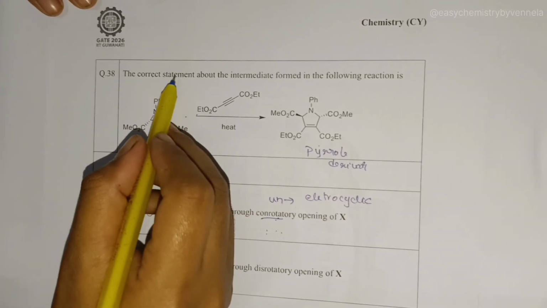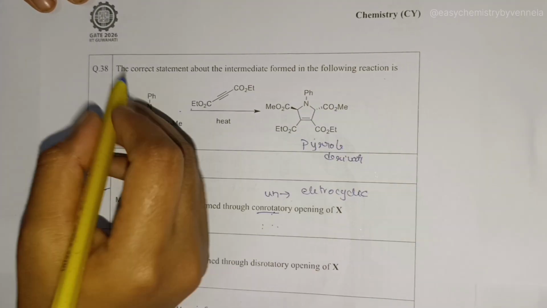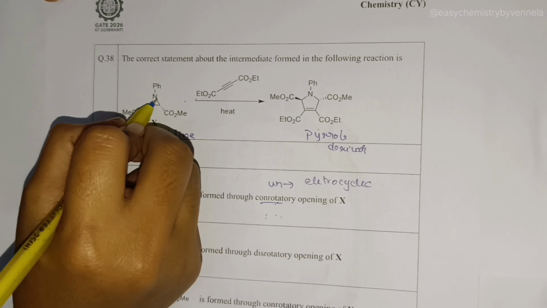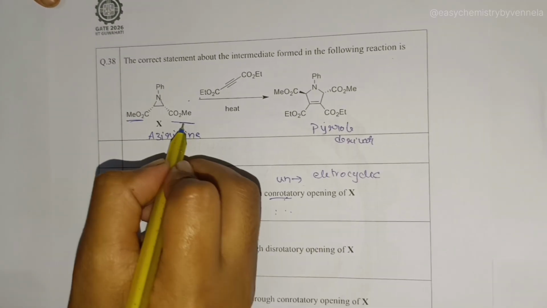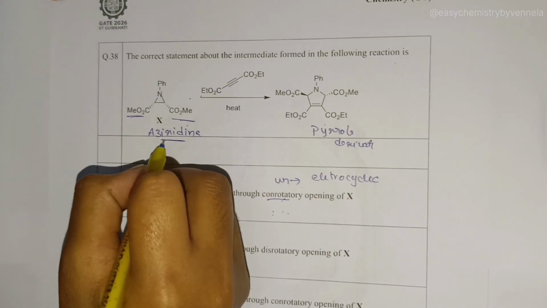The next question is, correct statement about the intermediate formed in the following reaction is. Here nitrogen, Ph on nitrogen. These two groups are in a carbon ring. Aziridine structure.